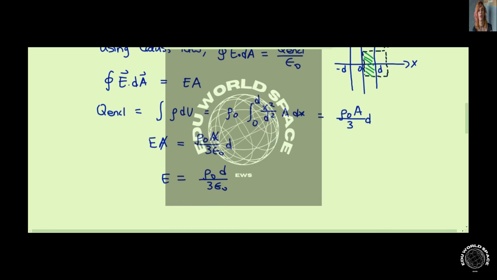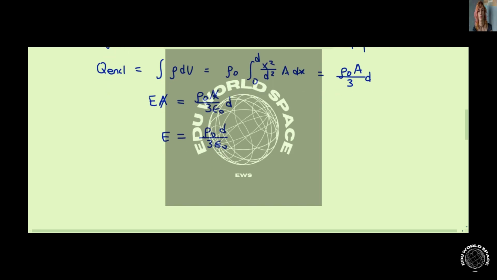Considering the directions, we write rho naught d over 3 epsilon naught i hat for x greater than d, and negative rho naught d over 3 epsilon naught i hat for x less than minus d.